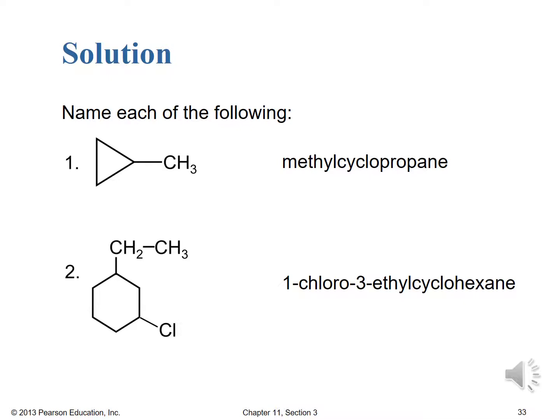And we number backwards around the ring to get 1, 3 for the position of the ethyl group, because if we look at the cyclohexane and we numbered clockwise, where we'd go 1 for the chloro group carbon and then 2, 3, 4, 5, well, 1, 5 would be a total sum of 6, whereas 1, 3 is a sum of 4. We go with the lowest sum when numbering. So that's why we end up with 1-chloro-3-ethylcyclohexane.